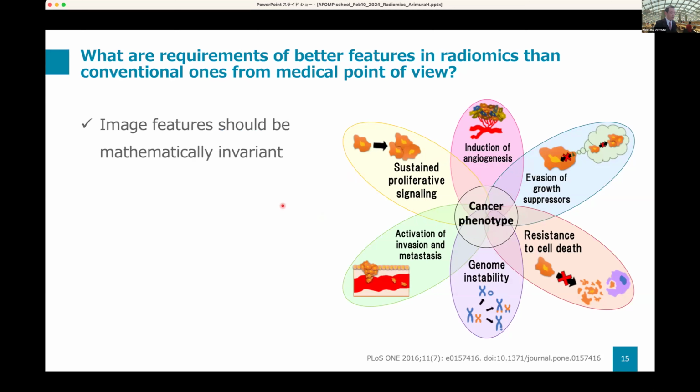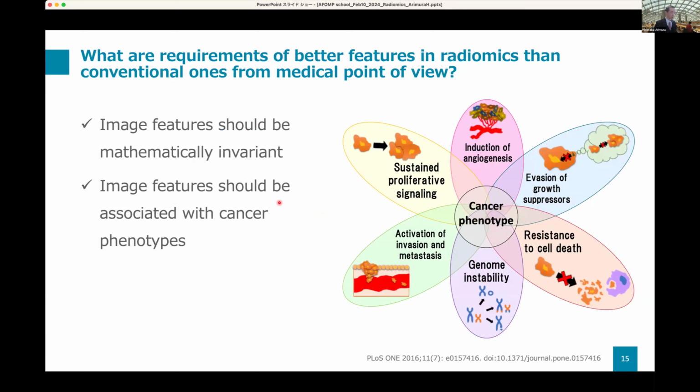So the first requirement is, sorry, this is the second. The image feature should be associated with the cancer phenotype. And the second requirement is being mathematically invariant. So this is very important: two important features, mathematically invariant and associated with a cancer phenotype.